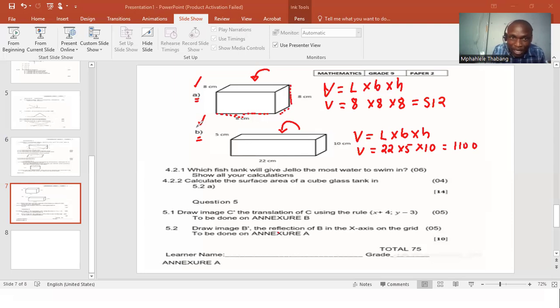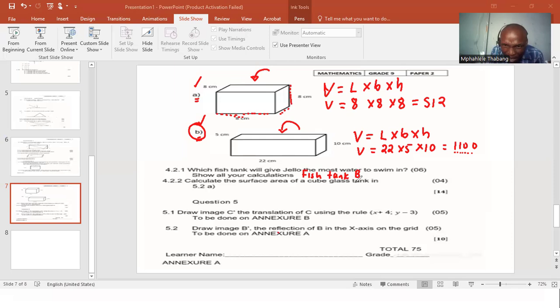So the rectangular prism B has a greater volume, so it can carry a larger amount of water compared to the other one. So which fish tank will give Jello the most water to swim in? It is fish tank B. We have shown the calculation. The one with a greater volume will carry the most water.